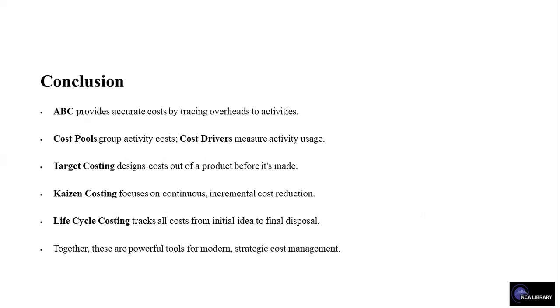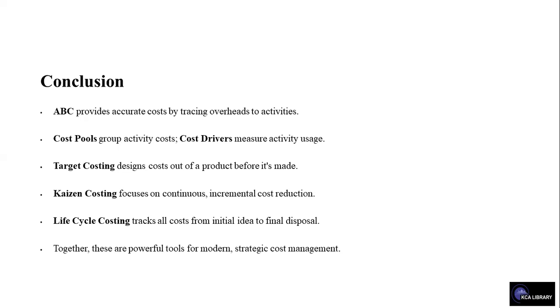In conclusion, activity-based costing provides accurate cost by tracing overhead to activities, and the cost pool groups activity costs while the cost driver measures activity usage. We've also seen target costing, which designs cost out of a product before it's made.